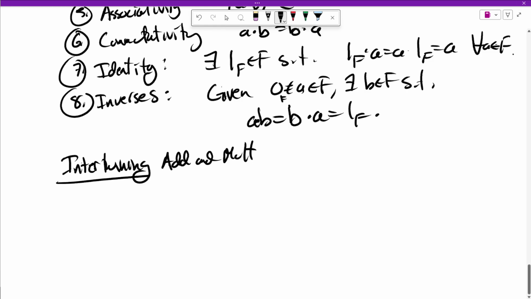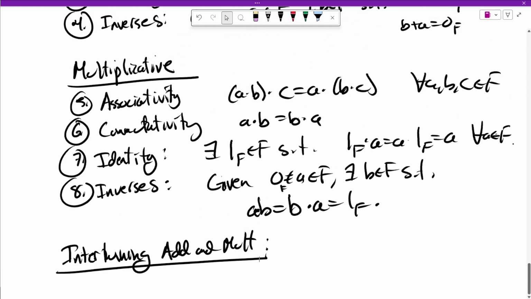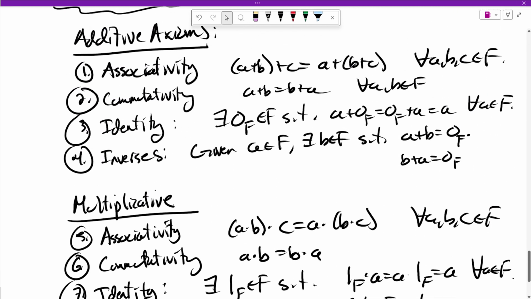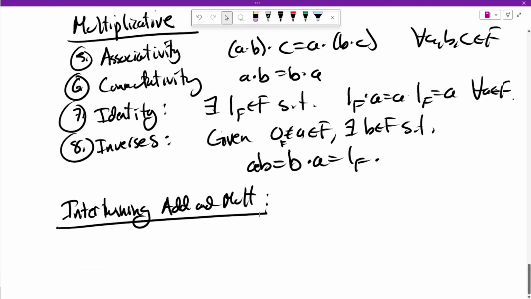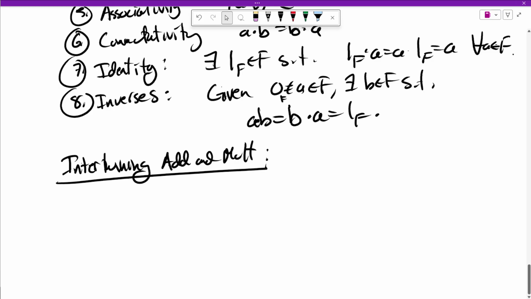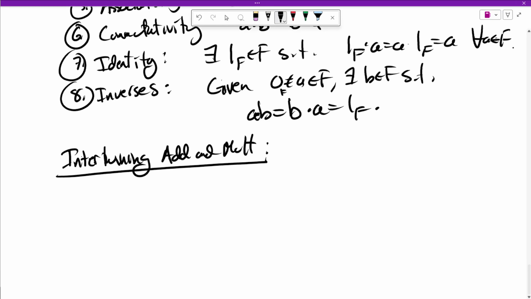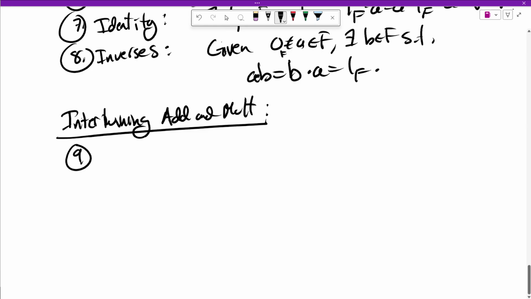So there's these 2 operations on our set F, and they exist sort of on their own, right? If we look at the axioms for each of them, they don't involve the other one. It's just I have 2 operations, and there should be some way of saying how compatible they are, how they work together, and this is in terms of 2 properties.